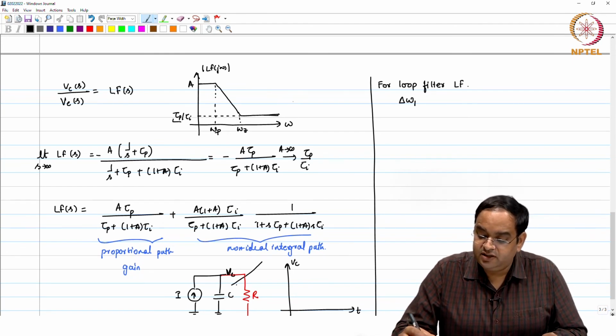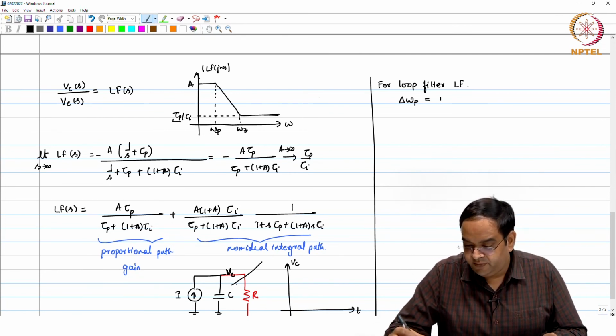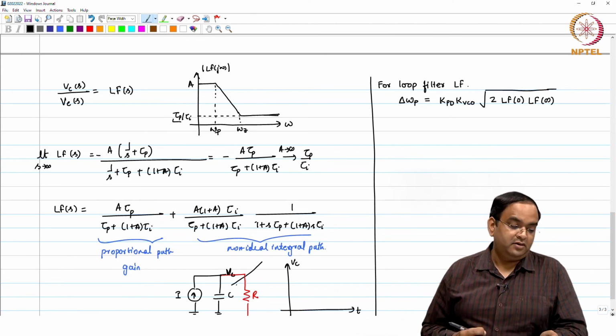This pull-in range, under many approximations, happens to be KPD times KVCO times the square root of 2 times loop filter at 0 times loop filter value at infinity.